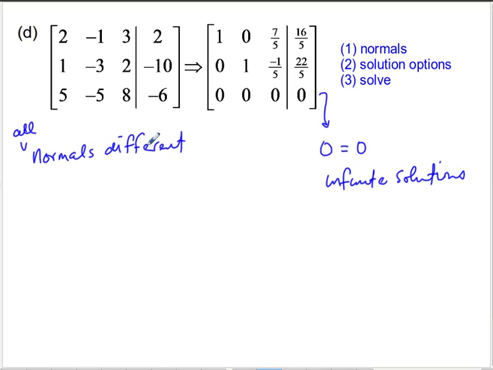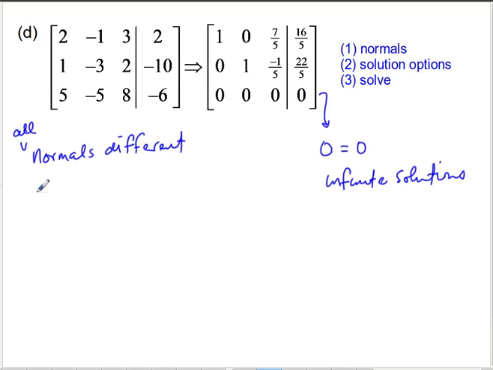Since the normals are different but I don't have a contradiction, it can't be the one we just looked at. So the only other choices when all the normals are different are one point of intersection or infinite, which is along a line. So this one must be along a line.